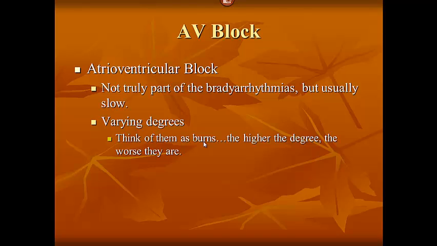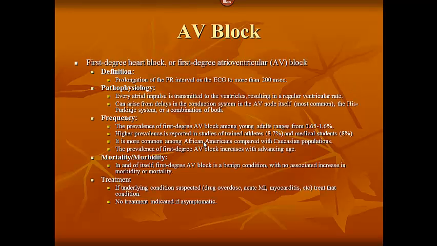It's not truly a part of bradyarrhythmia, and there are varying degrees, as we already discussed. These are the definitions of first degree, second degree, and third degree. So again, for first degree, there is a prolonged but constant PR interval.